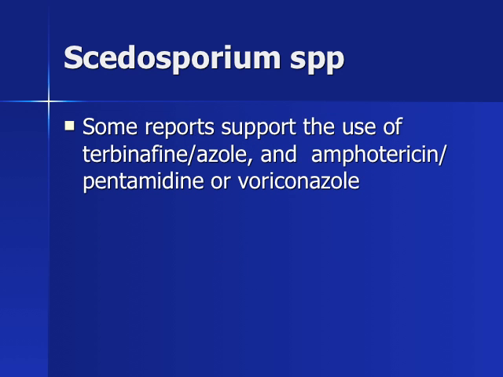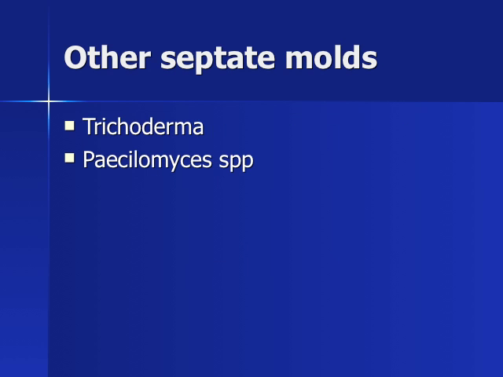There are some reports out there that using terbinafine and azole and amphotericin or pentamidine may be used too. These are desperate measures when the patients are dying from refractory leukemia and prolonged neutropenia. Other septated molds, of course, we knew about Aspergillus, so we already talked about Fusarium also, Scedosporium, and also Paecilomyces and Trichoderma can be septated molds.